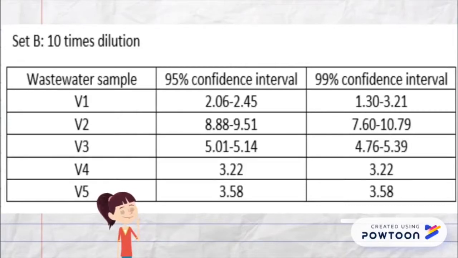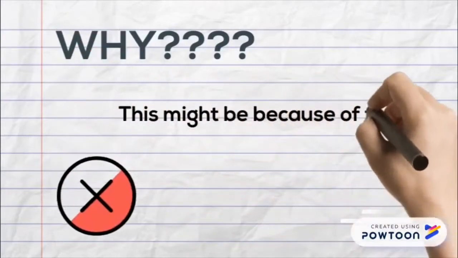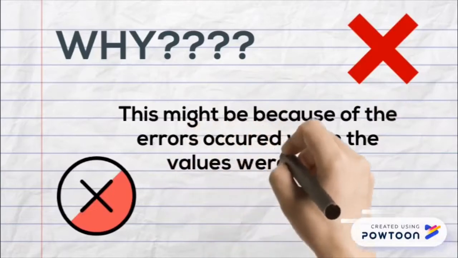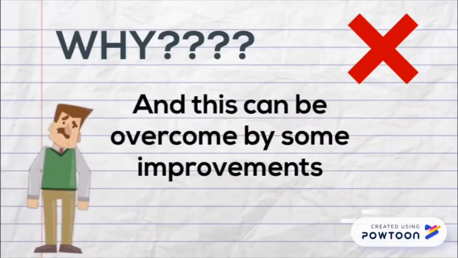And for set C, there is a negative minimum value again. You might ask why. This might be because of errors that occurred during the experiment, and also when the values were taken, and we believe that this can be overcome by improvements, which we will talk about in the slide later.